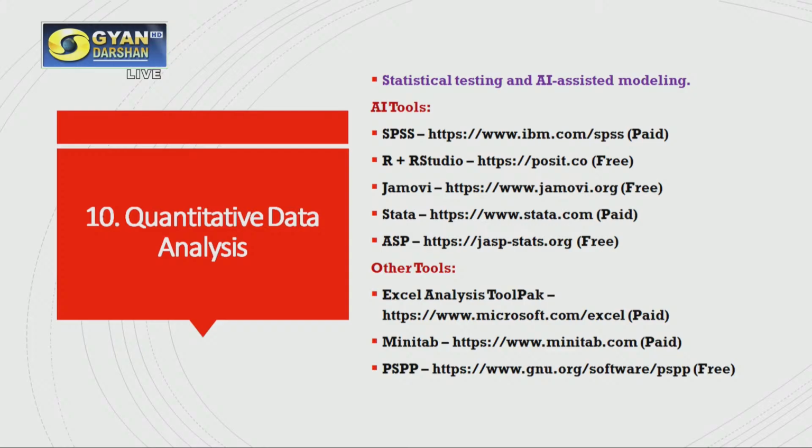Again, as I said, SPSS is proprietary software, but Jamovi is free software which is very similar to SPSS. We can sometimes try such tools also. In Excel, as I said, they have an add-in facility like Analysis ToolPak. You just add that facility, and you can do most of the statistics using Excel also.